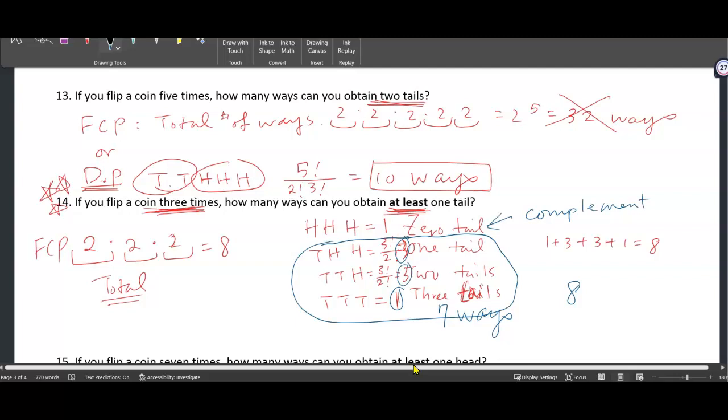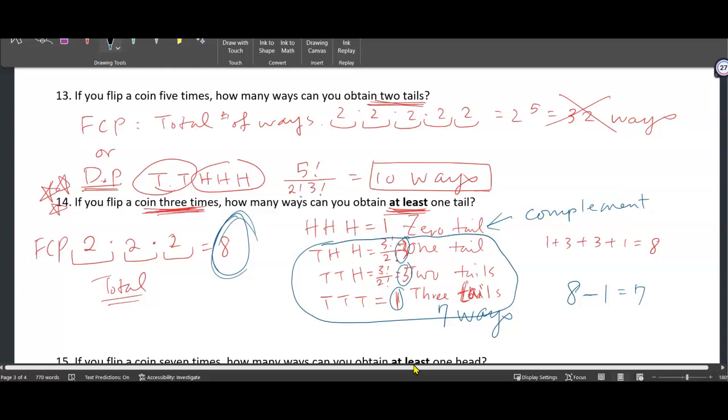It's always 1, and so you will subtract 1. Sometimes you want to do it all out if you have time, but sometimes it's easier to do the complement. So the complement is to find the total by the fundamental counting principle, and then take away the one that is not at least 1 tail. Not at least 1 tail means 0 tails.